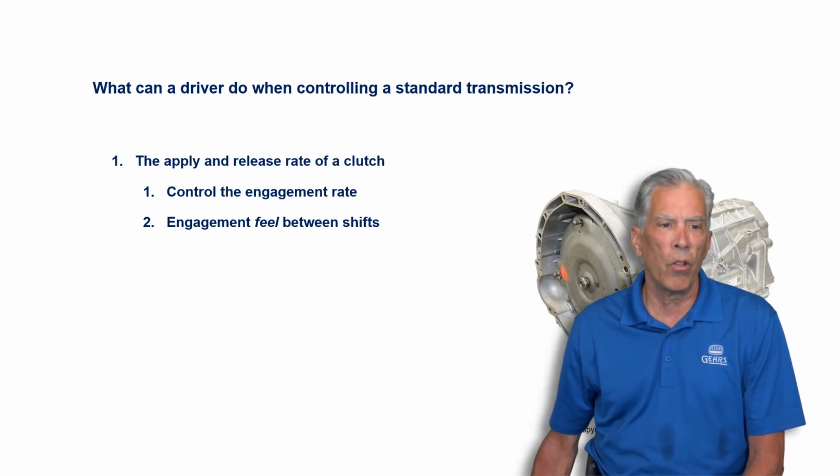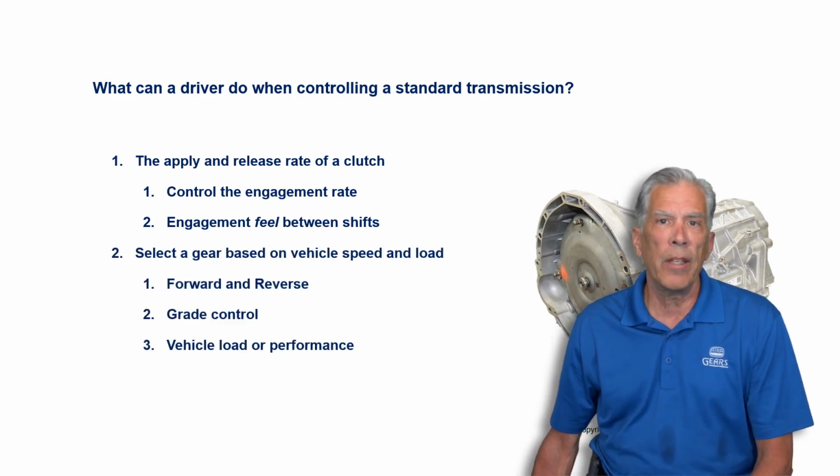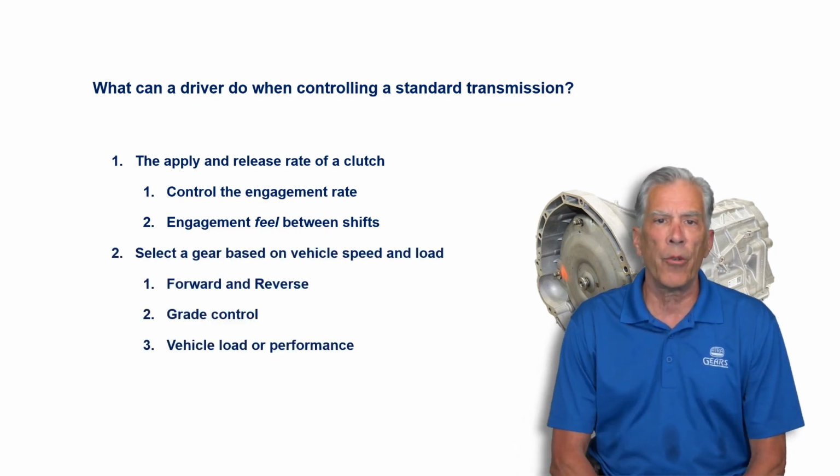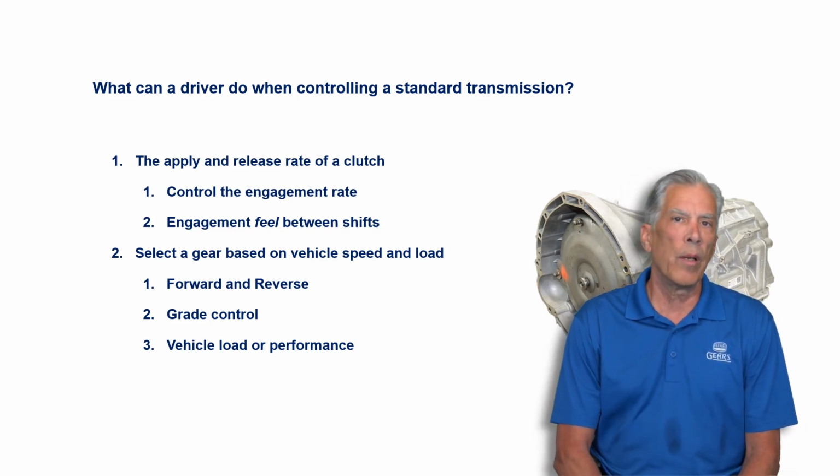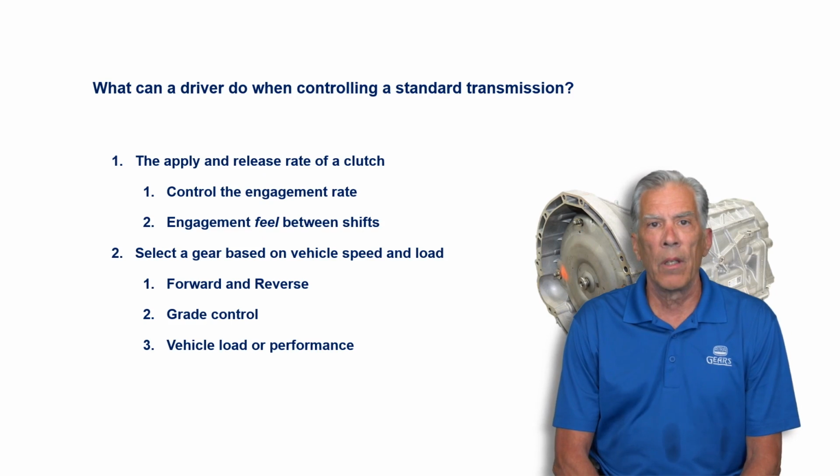They have control over the apply and release rate of a clutch. They can control the engagement rate and the feel between shifts by the rate that they push in and let out the clutch pedal. The second thing they can do is they can determine which gear the transmission is going to be in. Are we moving forward or are we moving in reverse?